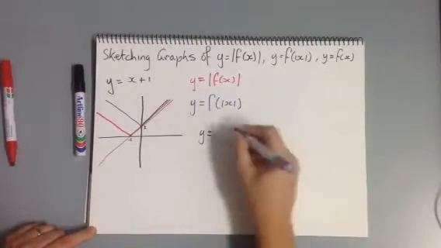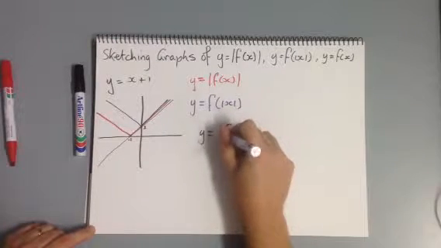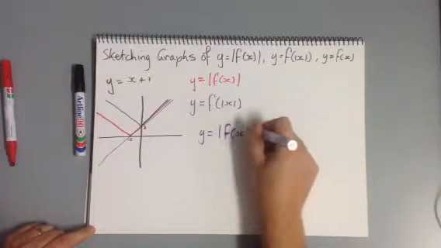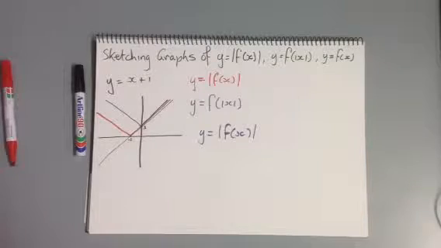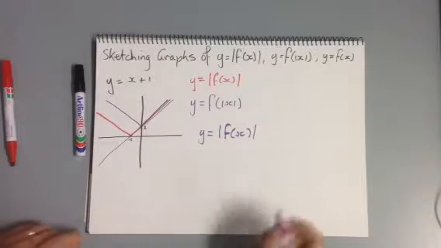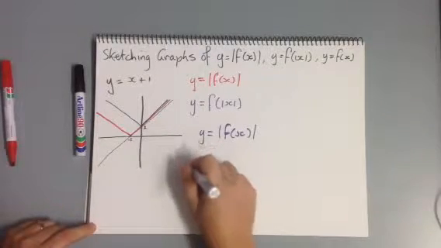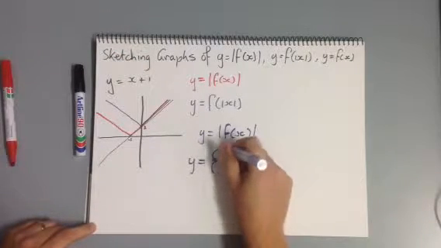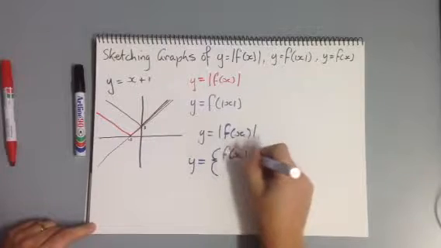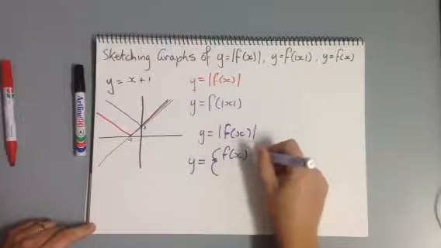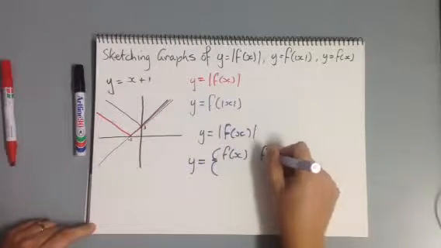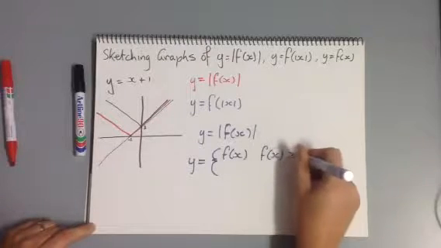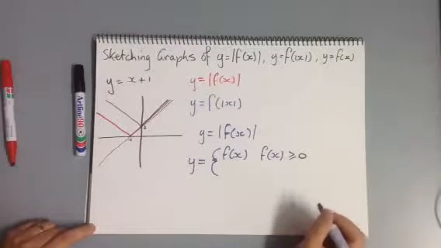So when we have y equals the modulus of f of x, it's quite often useful to define that as a piecewise function. So that we can write as y equals, well, it's f of x when our function f of x is bigger than 0, or when our function is positive.